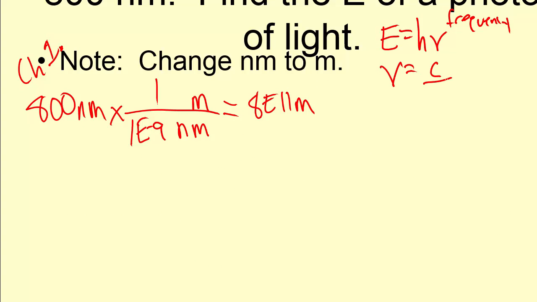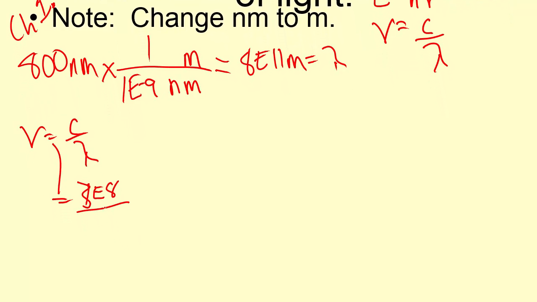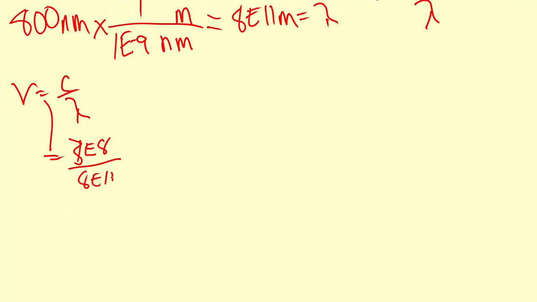So nu equals 3e8, the speed of light, over my new lambda, which is 8e negative 7, and that'll be my frequency.